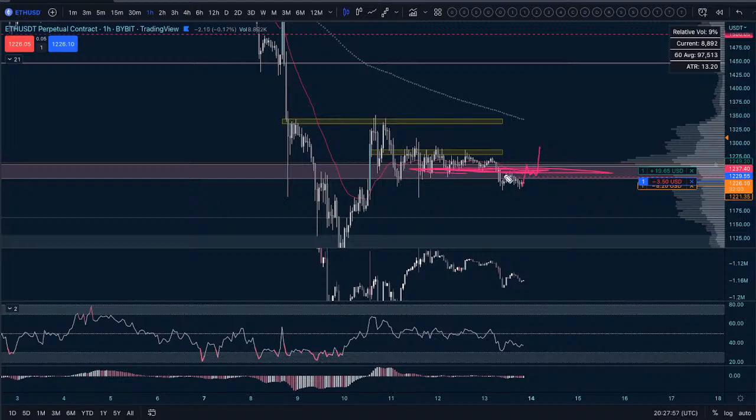We need about this. Everything is dependent on this. Break it, I'll look for longs. Otherwise, there is nothing for me to do. Or come down there, do some reclaiming of stuff, then I'll look for longs again. In here, there's no point longing into resistance.